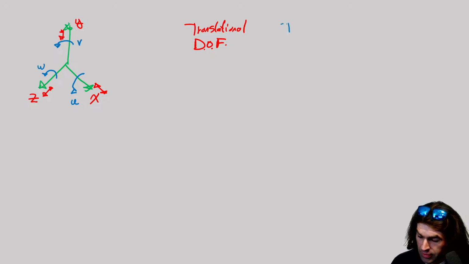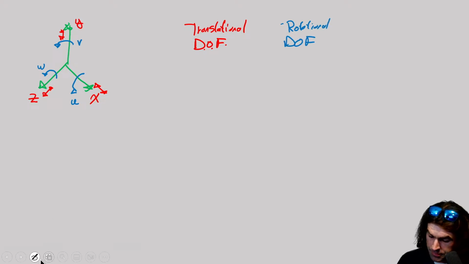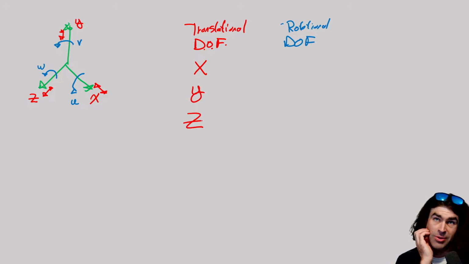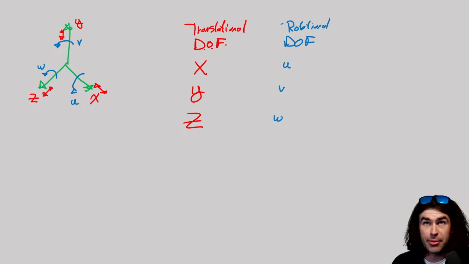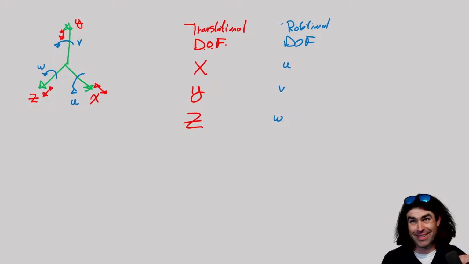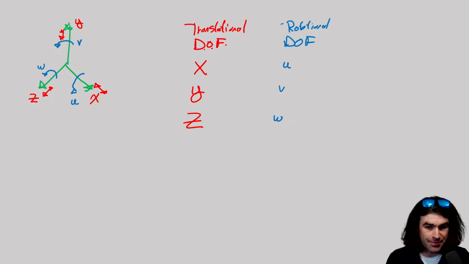So we have rotational degrees of freedom. So we've got big X, big Y, and big Z. They're typically written in capitals. Now, little u, little v, and little w. I mean, they're all different letters, so the capitalization really doesn't matter.